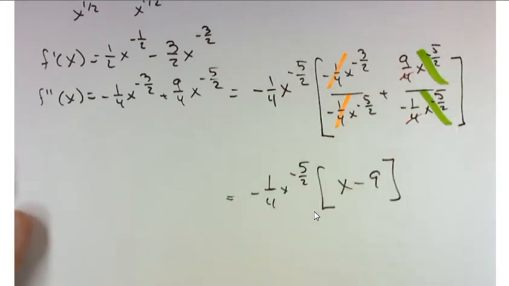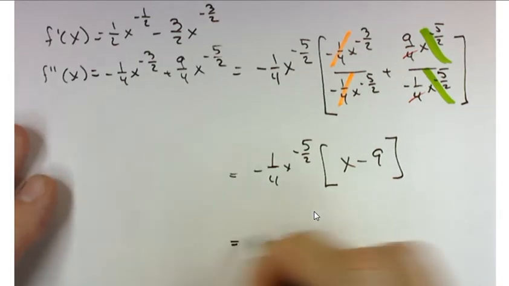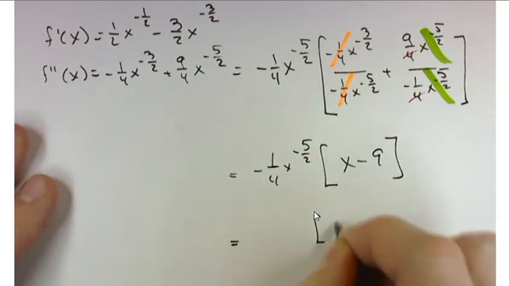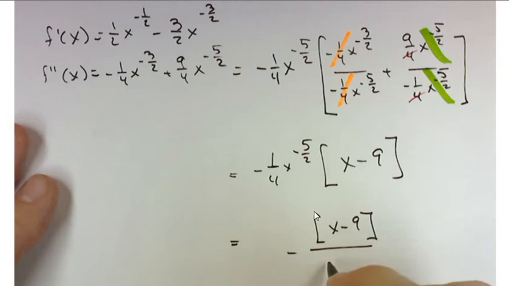So like that. Now the 4 is in the denominator. This negative exponent can go down into the denominator as well. So you get x minus 9 over, and let's see, there's a negative sign, I'll leave that out front, over 4x to the 5/2.